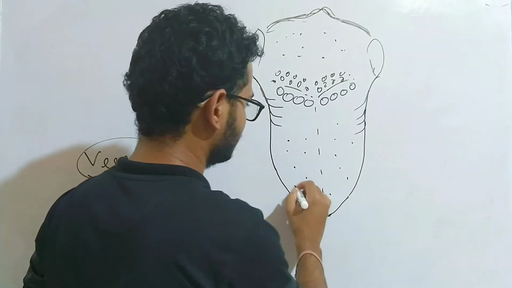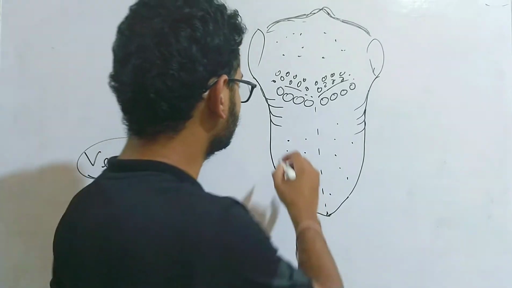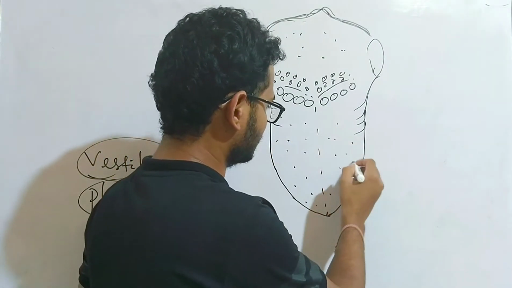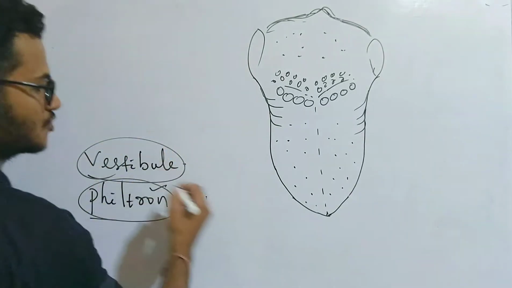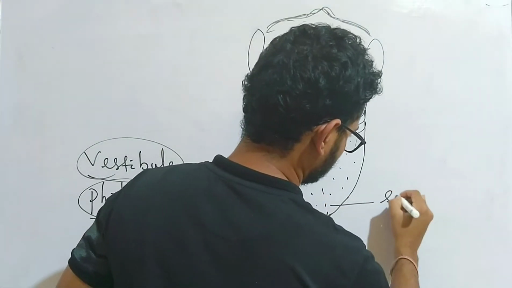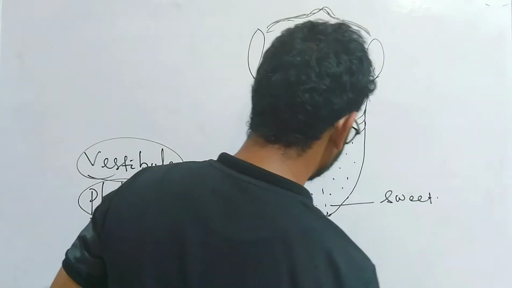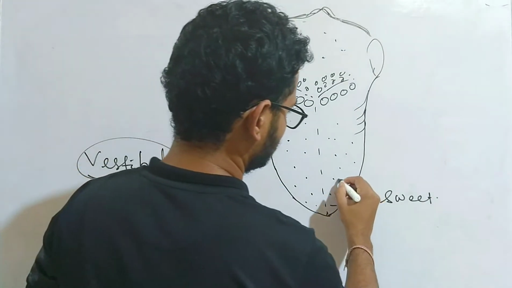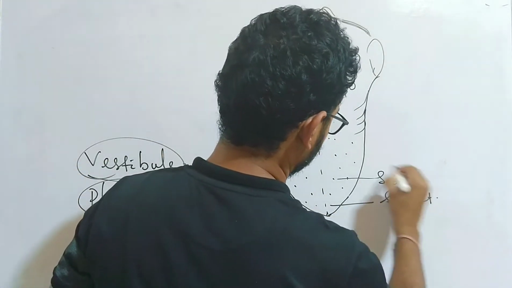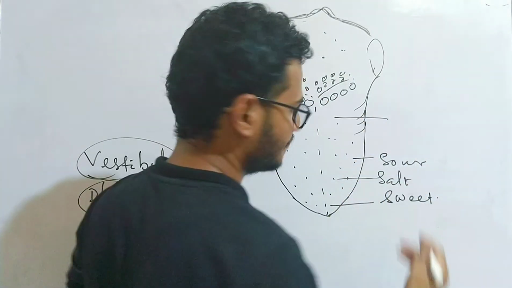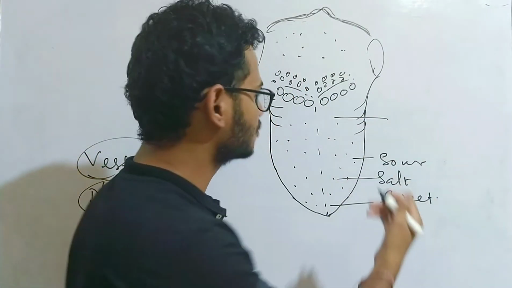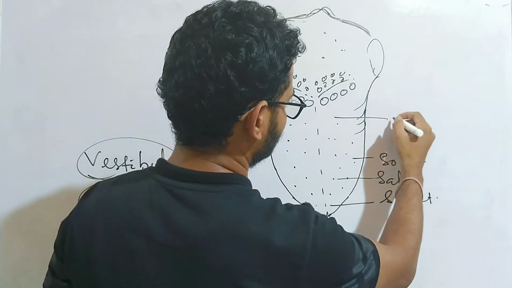Okay, as we know, there are 4 different types of taste buds in our tongue. What are they? Sweet, that is present at the tip, then salt, sour, and at the end, at the posterior most part, it is the bitter.